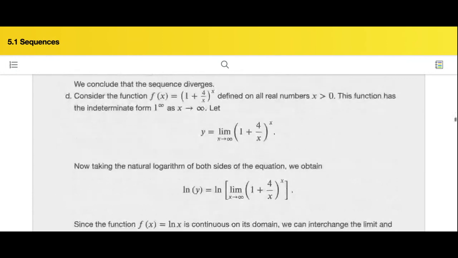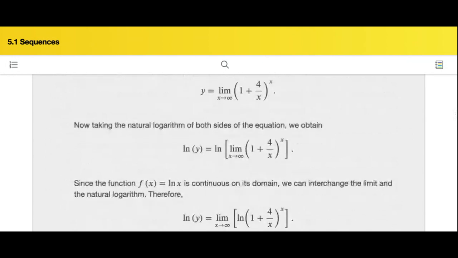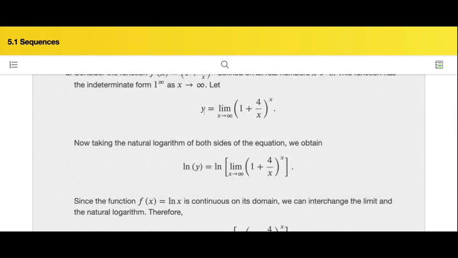So let's go back again. We rewrite as this: y equals the limit, it doesn't matter x or n, as n approaches infinity, of 1 plus 4 over n raised by n. You can write x, that's okay. So we take logs on both sides. So we get ln y equals ln of this limit.